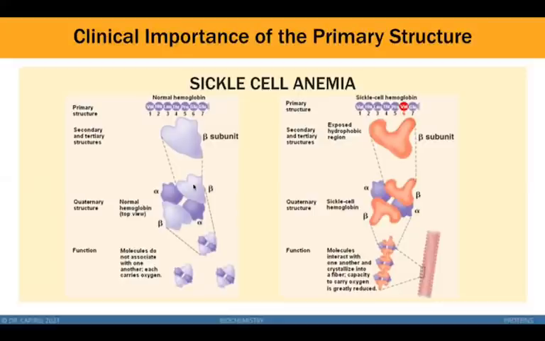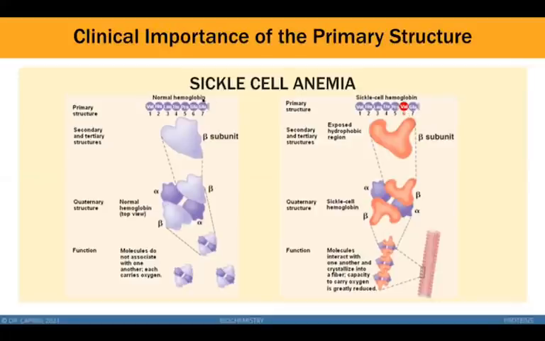If we try to dissect the beta subunit of the hemoglobin, this is the normal primary structure of the beta subunit. It consists of valine, histidine, leucine, threonine, proline, glutamate, and glutamate. Now, in the case of sickle cell anemia, the sixth amino acid residue is actually altered to valine.